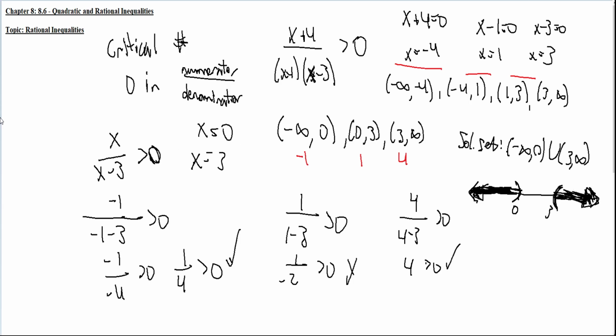Okay, if we scroll down here for another example. So if I have (x minus 2) divided by (x plus 2)(x minus 3) greater than 0, what would our critical numbers be?